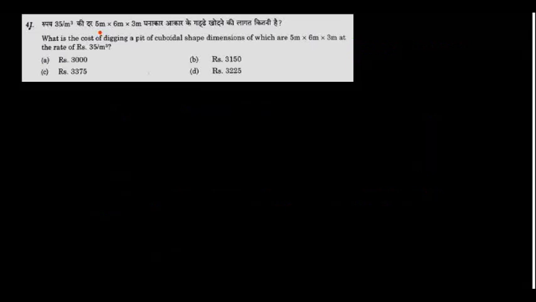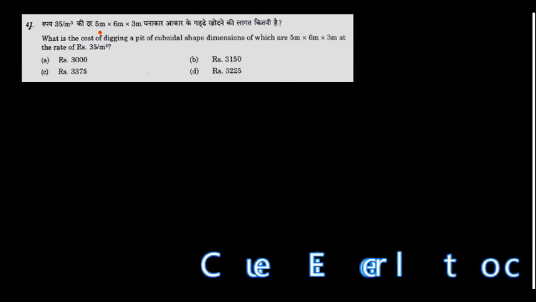What is the cost of digging a pit of cuboidal shape, dimensions of which are 5 meter by 6 meter by 3 meter, at the rate of 35 rupees per meter cube?